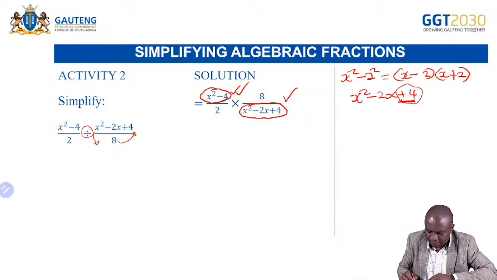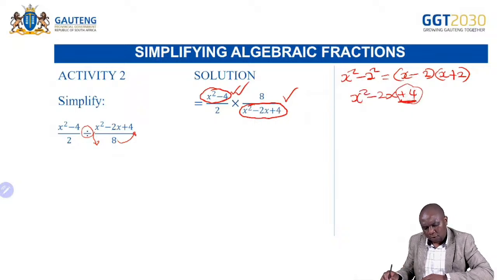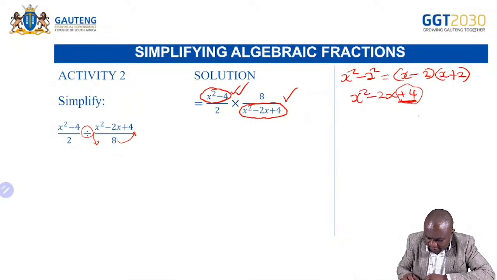What are the factors here? Okay, this one will give me problems. What about negative 2 and negative 2? And this one won't be factorized.